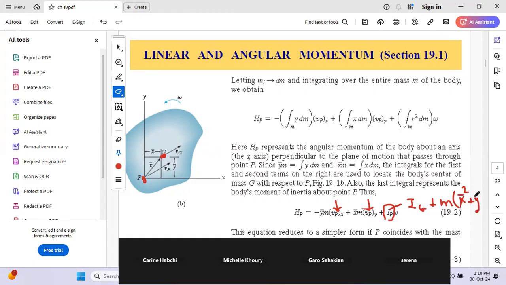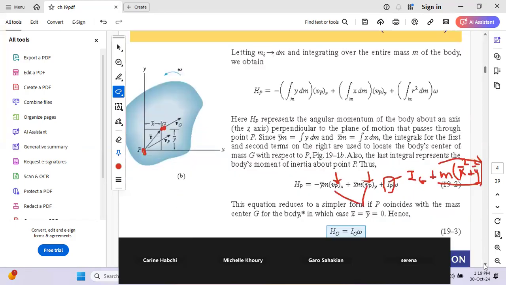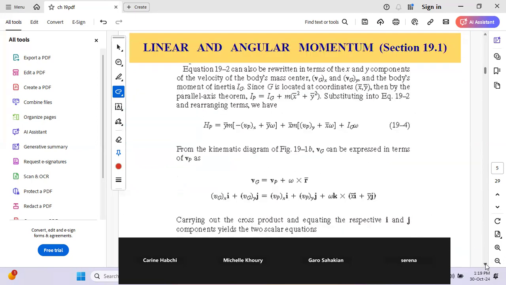So if you replace IP by this expression and you replace VPX, VPY by their expressions as a function of VGX, VGY, you will see that these terms will be simplified, okay? Because look, you can replace VPX from this equation, VPX is VGX plus y bar omega.